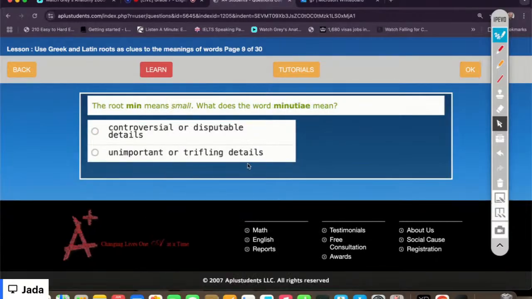So the root min means small. So what does the word minutiae mean? Controversial or disputable details, or unimportant or trifling details.